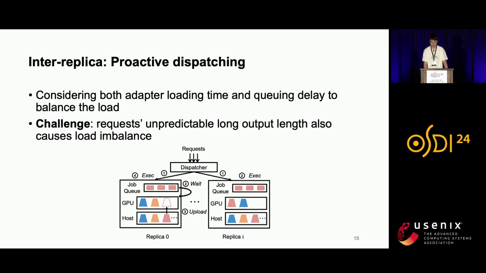On the other hand, if it is dispatched to a heavily loaded replica, there will be queuing time as well. Therefore, compared to a simple round-robin dispatching approach, proactive dispatching considers both the potential adapter loading time and queuing delay to balance the load across replicas.